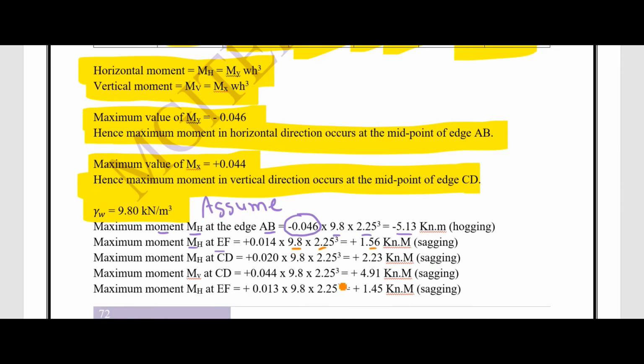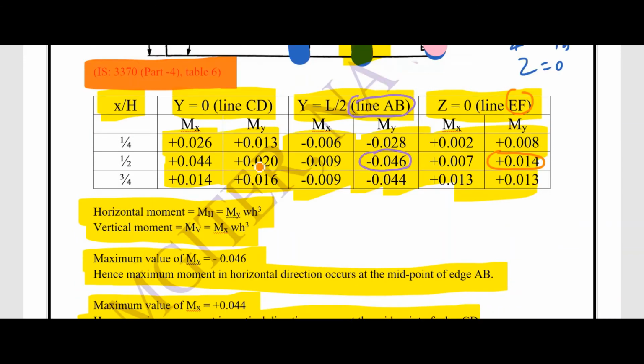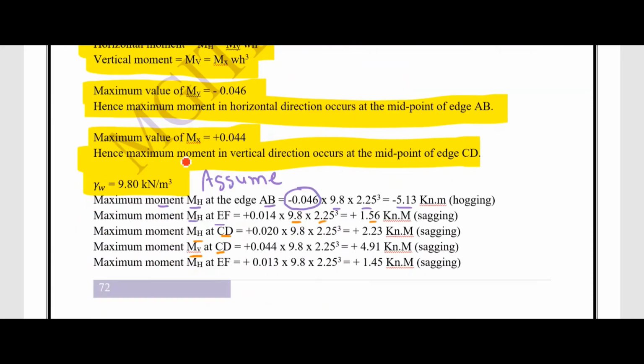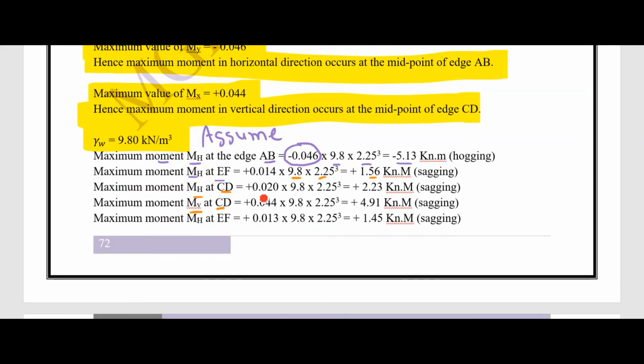Same for the CD, MH, and same for the MY CD. Here is the value of maximum moment MY CD. So CD is here, and Mmax is 0.440. So we take the maximum value from the Mx and we find 4.91.